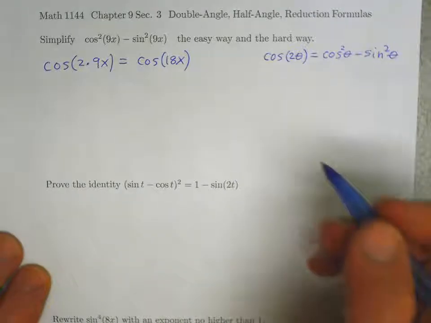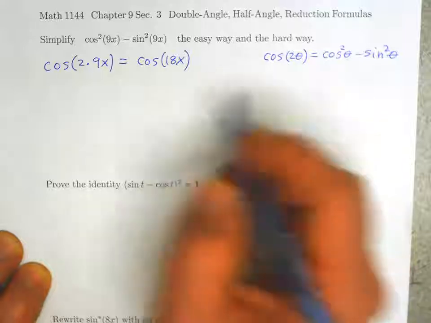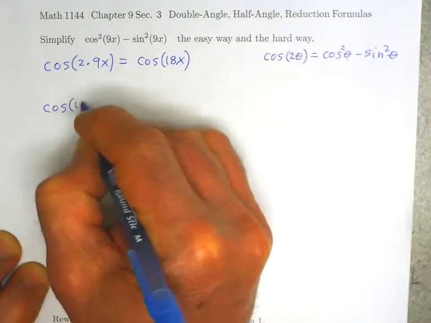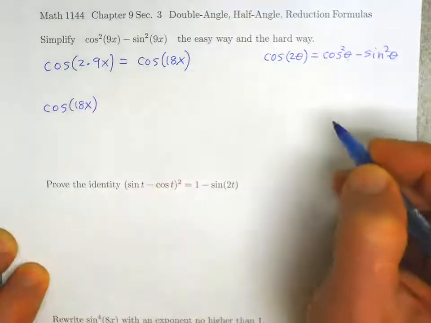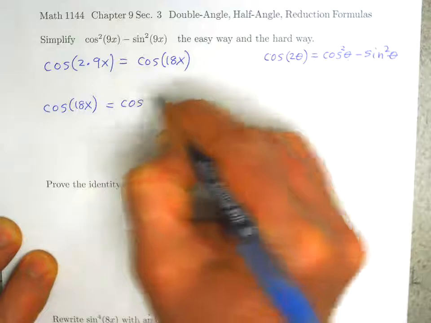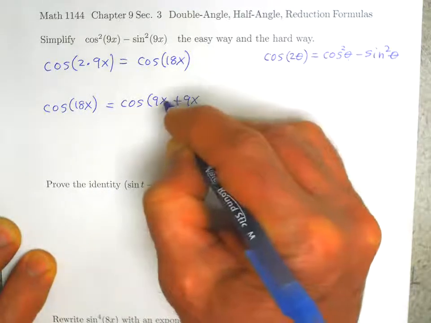So let's test that out. I think it's pretty obvious, but if you begin with something like cosine of 18x, you can write it as cosine of 9x plus 9x.